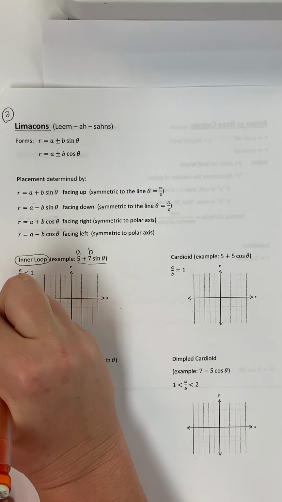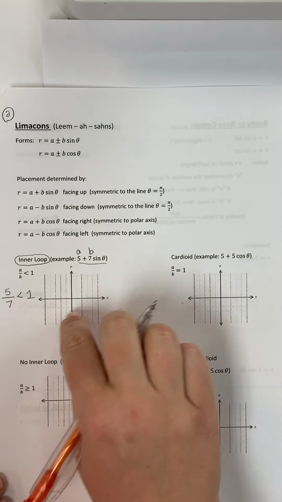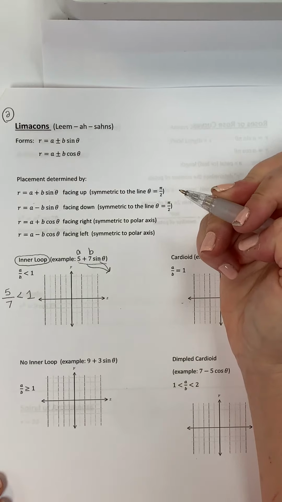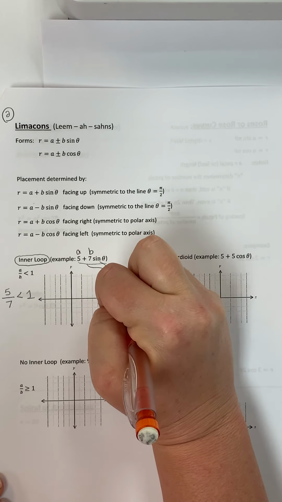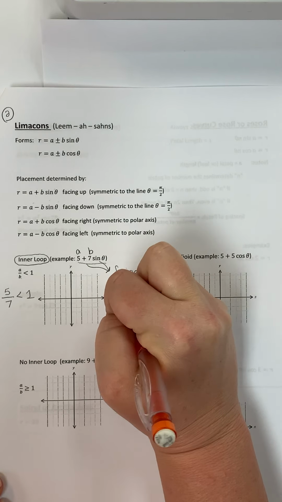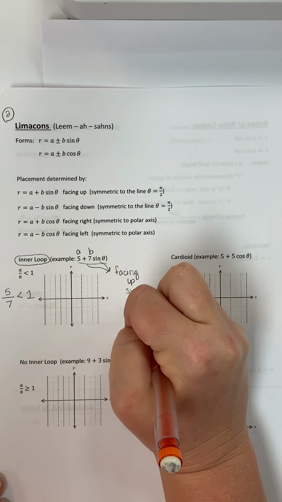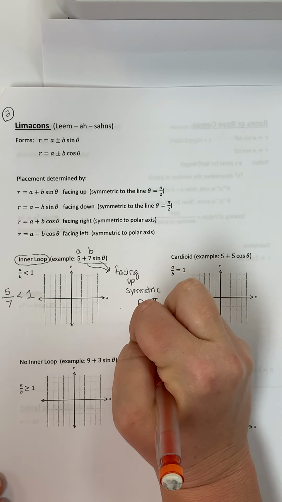So if I take a divided by b, that's less than 1, I'm going to have an inner loop. Okay, now because of the plus and the sine theta, I'm also going to be facing up, and I'm going to be symmetric to the y-axis, or in other words, pi over 2.